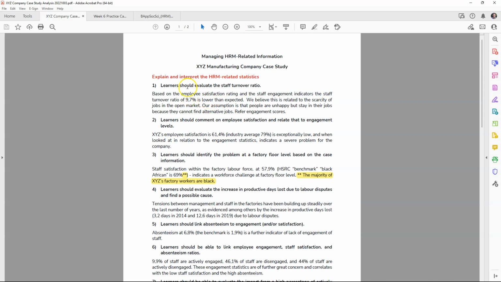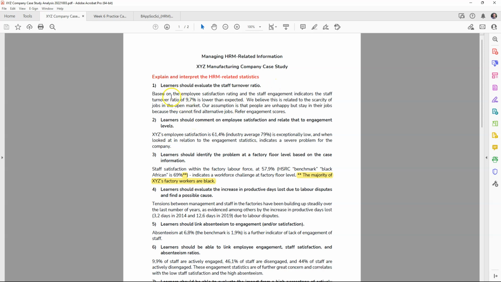So, explain and interpret the HRM related statistics is the first question for this case study, which is a simulation of the assessment case study. And I note here that learners should evaluate the staff turnover ratio.